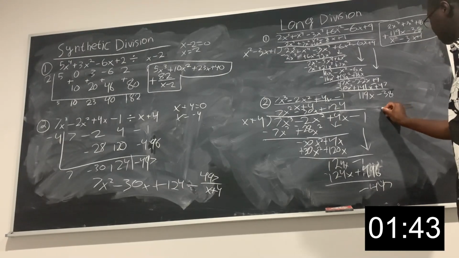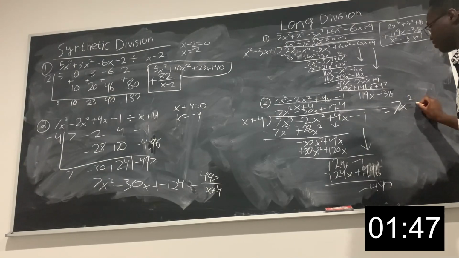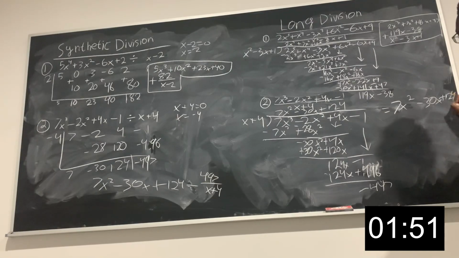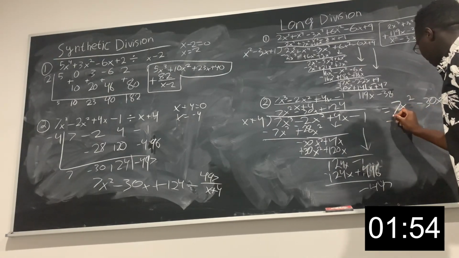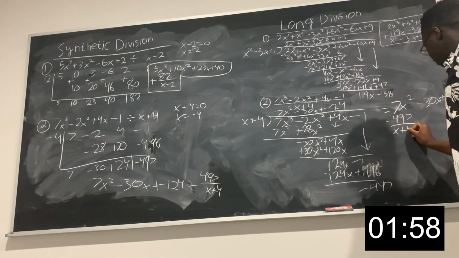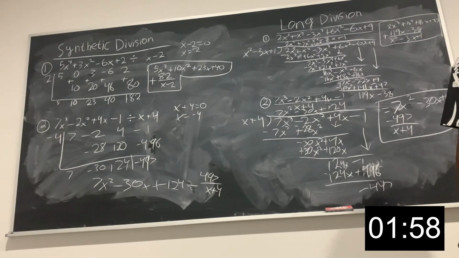And what that means is this equals 7x squared minus 30x plus 124 minus 497 all over x plus 4, and that is the result of the long division.